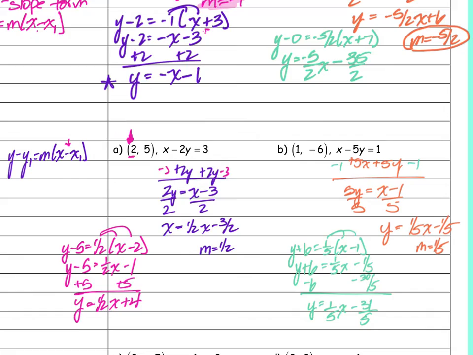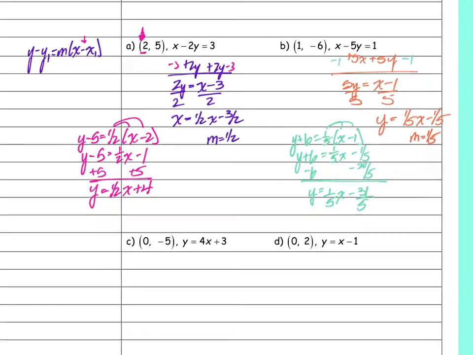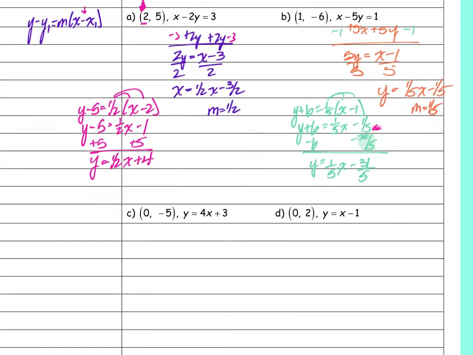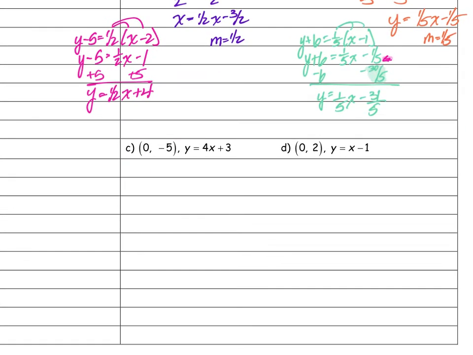Okay, so I'm going to chat with somebody while you guys work on the second two. So luckily both these are already in slope-intercept form, the lines. So I just have to find my slope. So m equals 4. So I have my slope and I have my point. Let's rewrite out point slope form so we can see it.